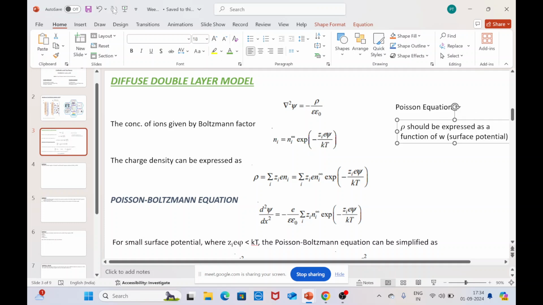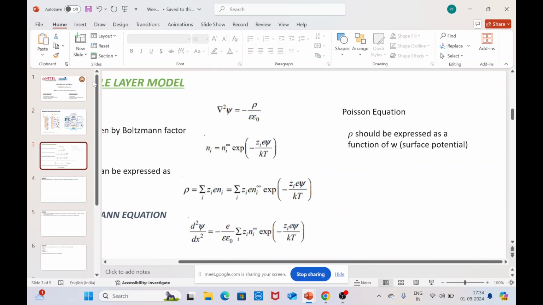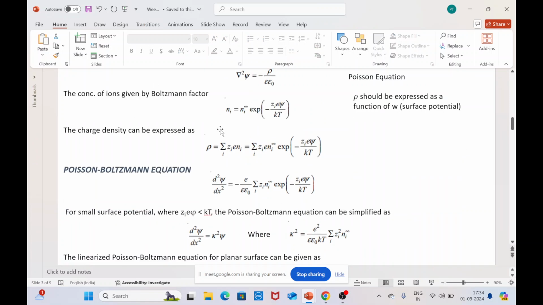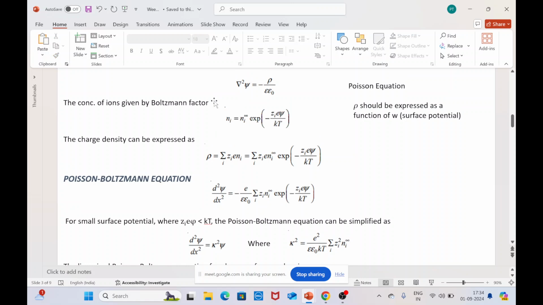For that, we introduce another term called the Boltzmann's factor. Based on this Boltzmann's factor, we gave the equation: the concentration of the ions is nothing but the concentration of the ions at an infinite distance from the surface under consideration, times exponential of minus Zi E psi by kT.